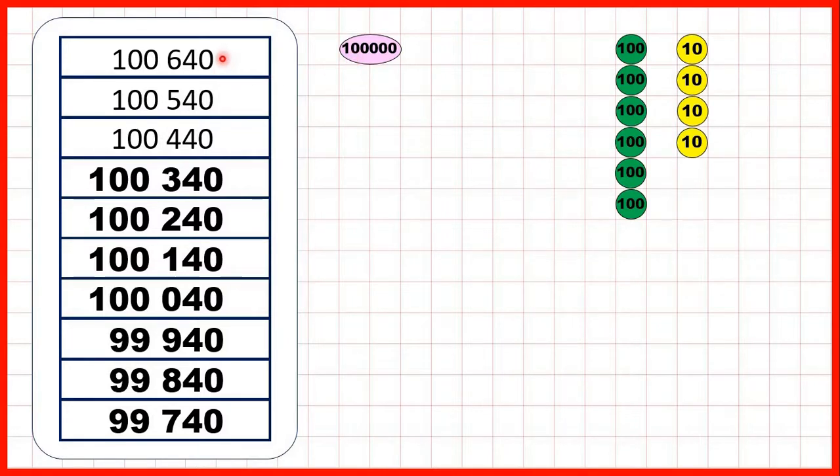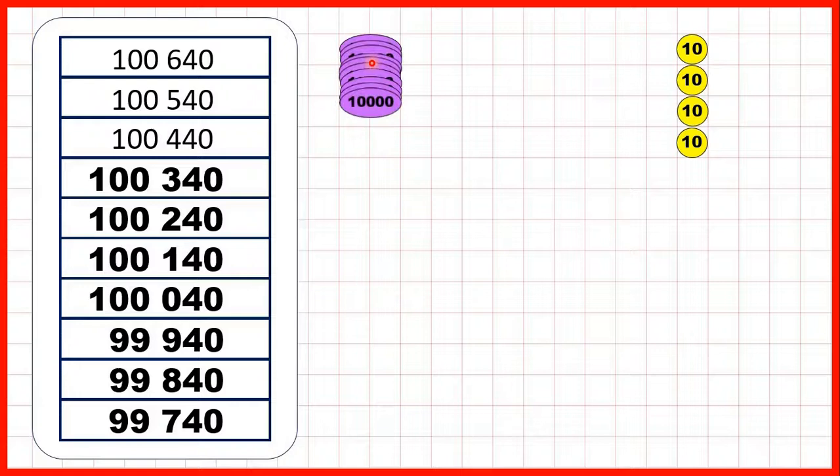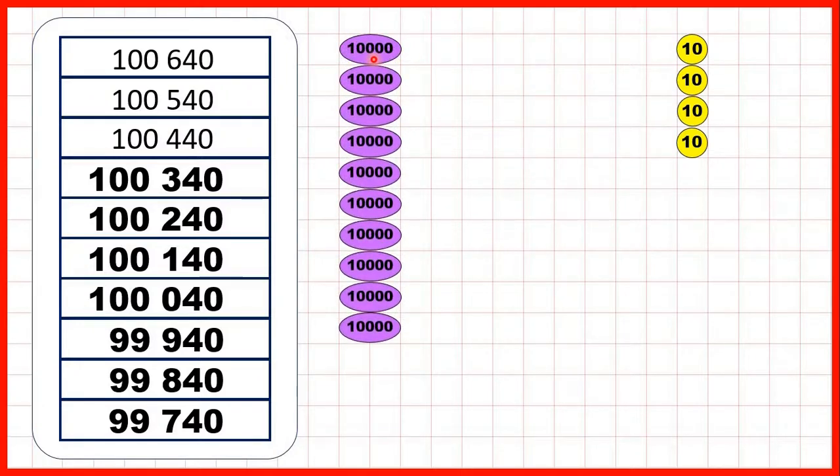For this first question, we started with 100,640, so we can show one 100,000 counter, no 10,000 counters, no 1,000 counters, six 100s, 4 tens and no ones. We were counting back in hundreds, so we can take away one of our 100 counters each time. But now, we need to exchange our 100,000 counter for 10,000 counters.